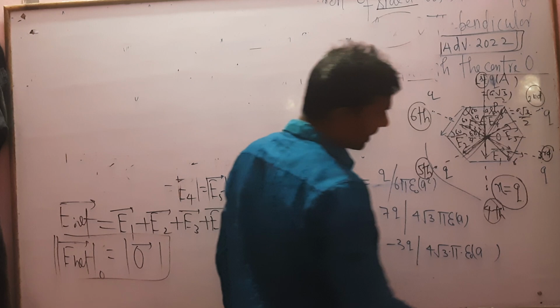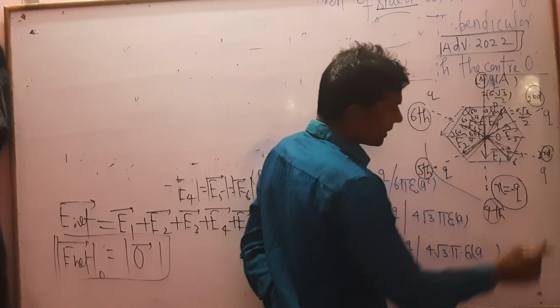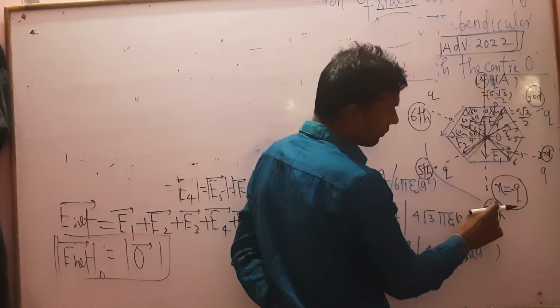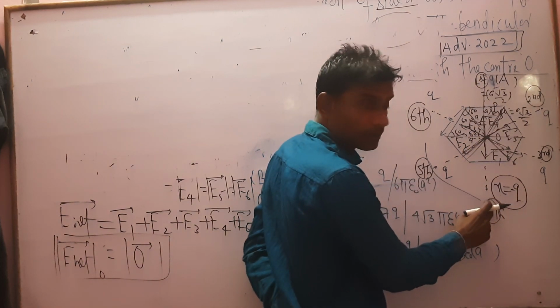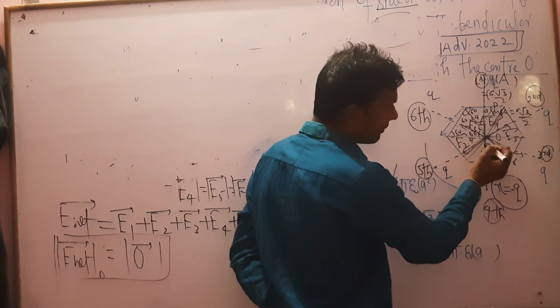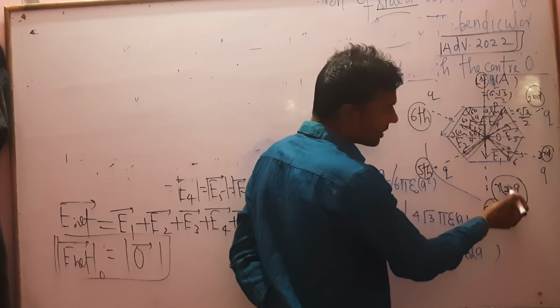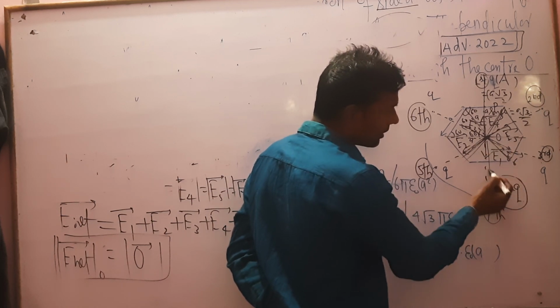If X equals minus Q, then the first and fourth charges cannot be cancelled out, because due to the positive first charge the direction of electrical field will be vertically downward, and due to the fourth charge the direction of electrical field will also be vertically downward.